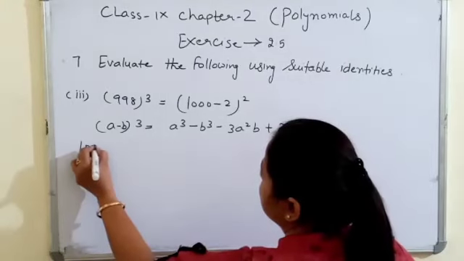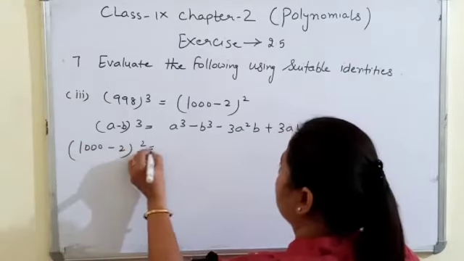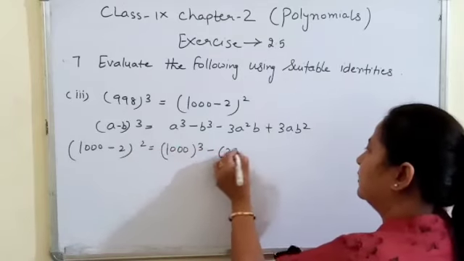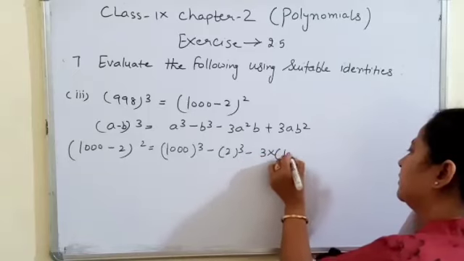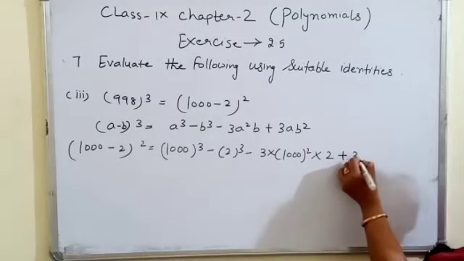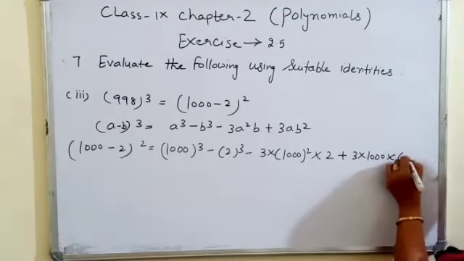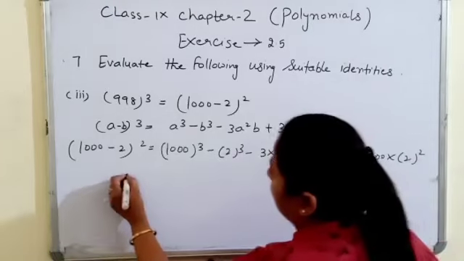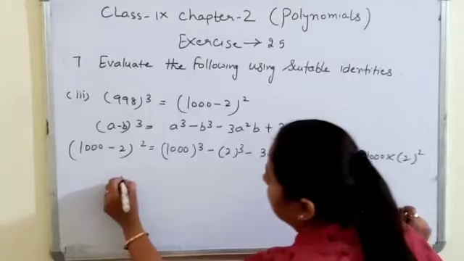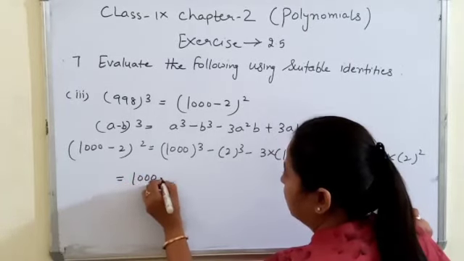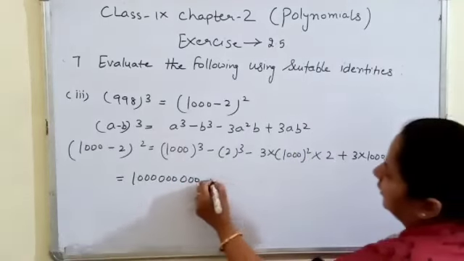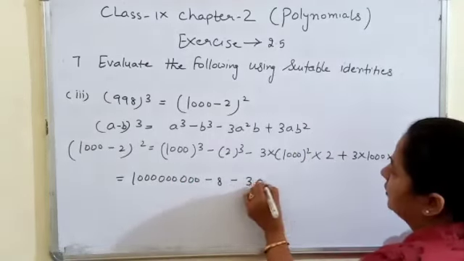So a is 1000 here, b is 2. 1000 cube minus 2 cube minus 3 into 1000 square into 2 plus 3 a into b square. 1000 cube, it means we have to multiply 1000 up to 3 times. So 9 zeros are here. Minus 8.